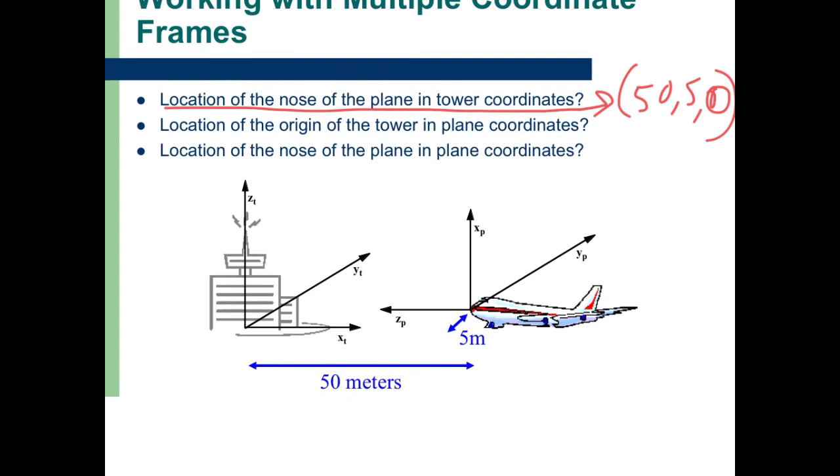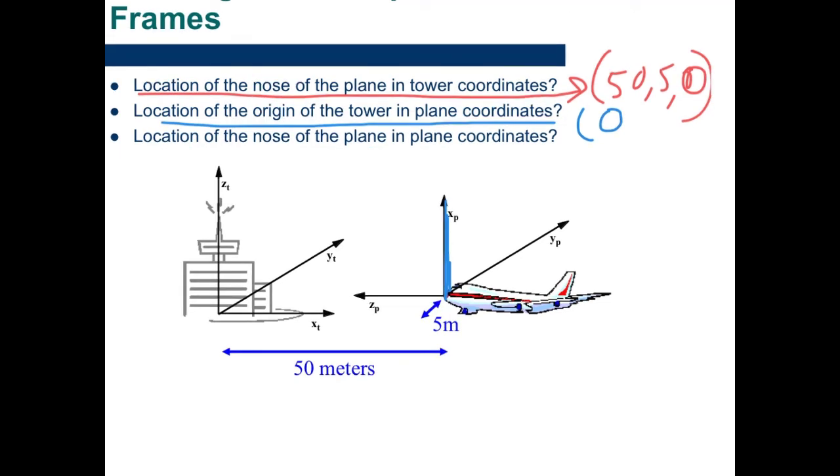Now let's talk about the location of the origin of the tower in plane coordinates. So now we're looking at the plane coordinate frame. And in the plane coordinate frame, there's no difference along the first axis, the x-axis, and there is no up-down difference, so we're going to have a 0 there.